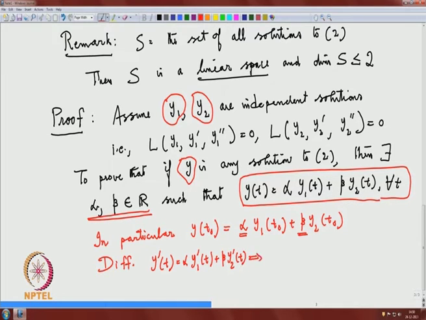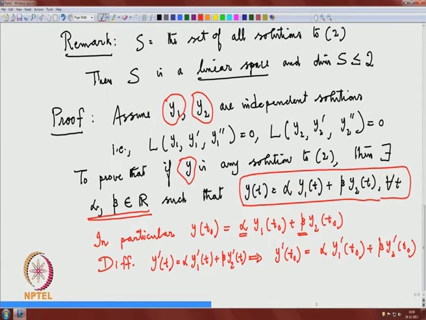That implies y prime at t naught, which is also given to you because y of t is given for all t, is equal to alpha y1 prime at t naught plus beta y2 prime at t naught.